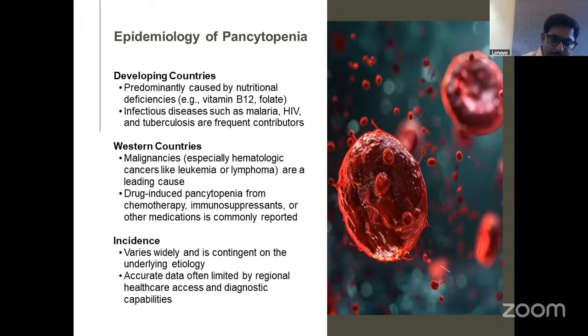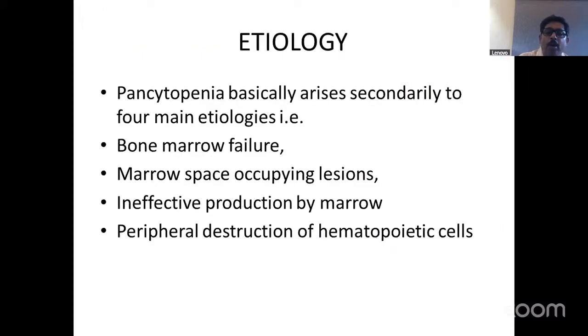Now, etiology, as I told you, basically arises from four main etiologies. Either there is a failure of the bone marrow, or the marrow has been occupied by space occupying lesions, or there is an ineffective production by the marrow, or the hematopoietic cells have been peripherally destroyed.